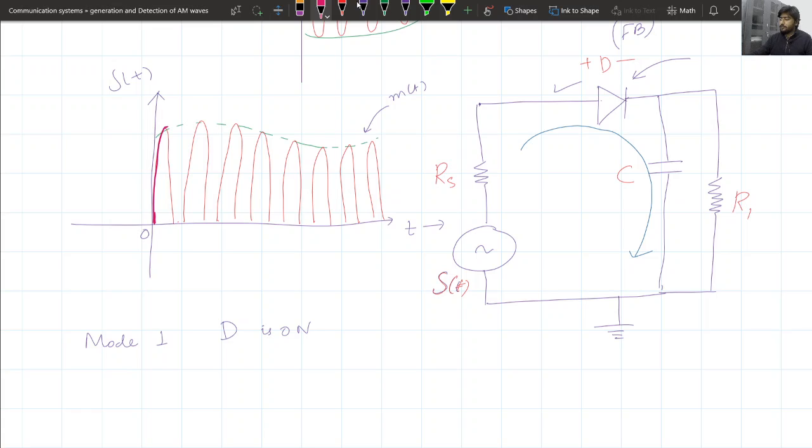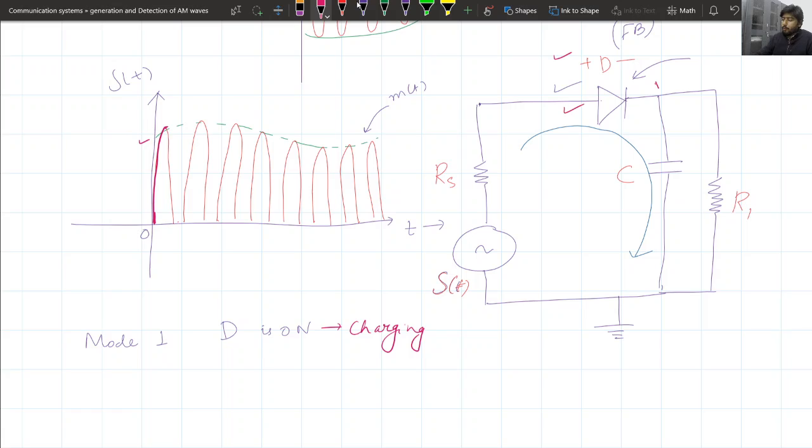Now once it has charged to a value which is greater than the peak value at that instant of s(t), then the diode will become reverse biased. Mode 1, D on, is the charging case.